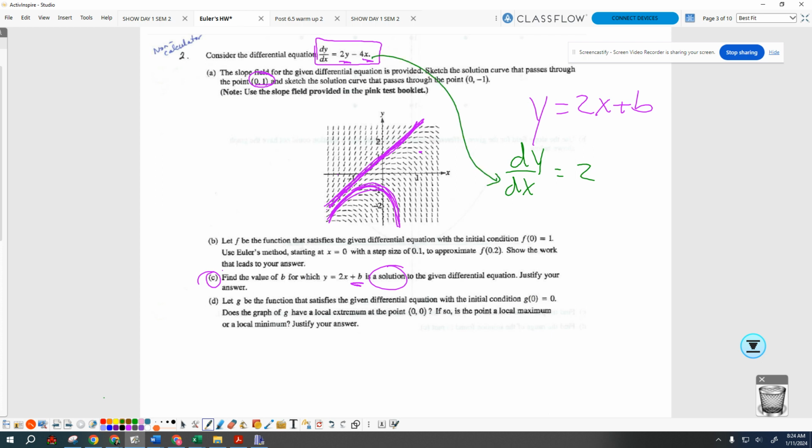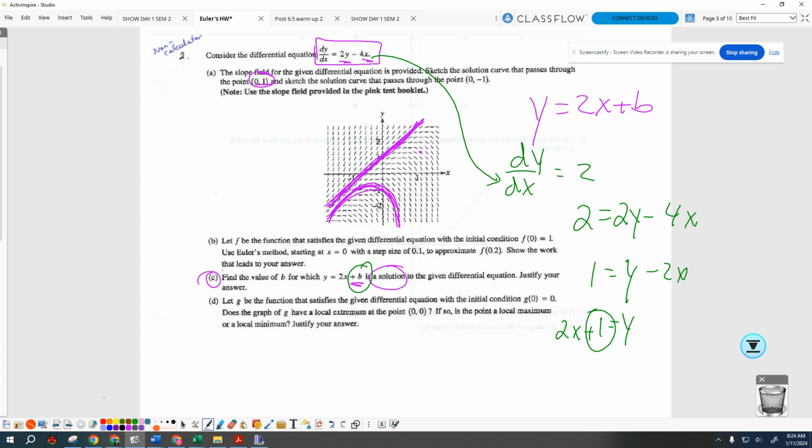So if 2 equals 2y minus 4x, dividing everybody by 2, I get y equals 2x plus 1, which is exactly the form they were asking for. Hard question.